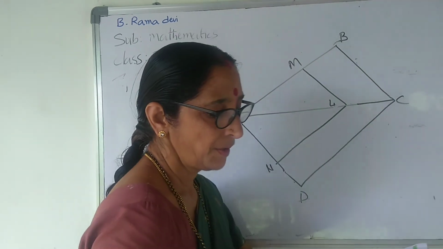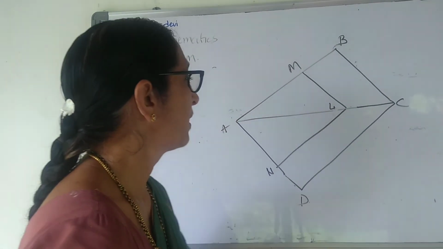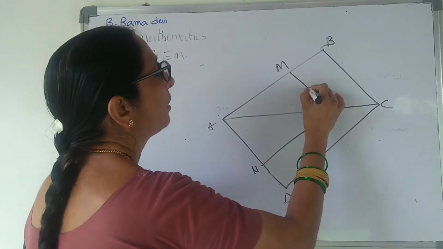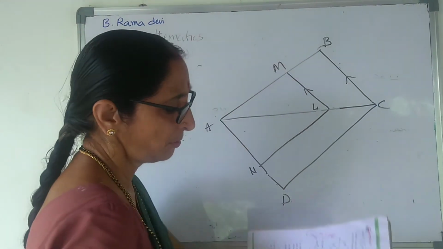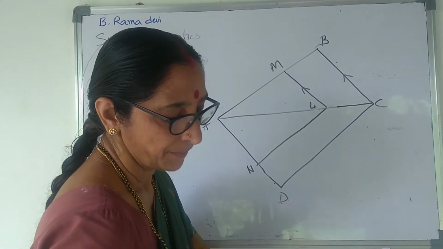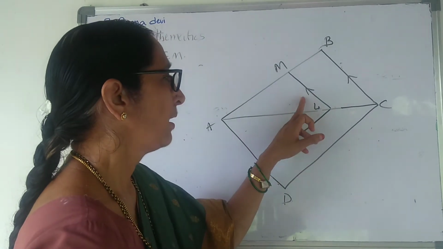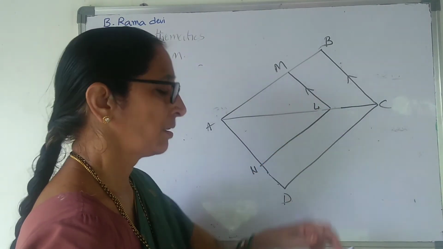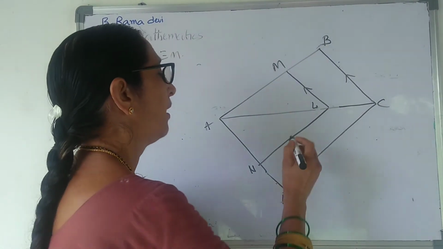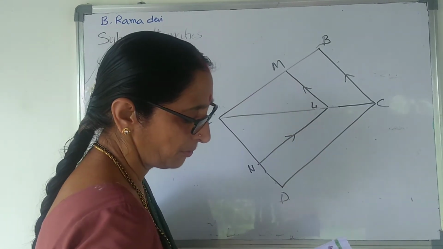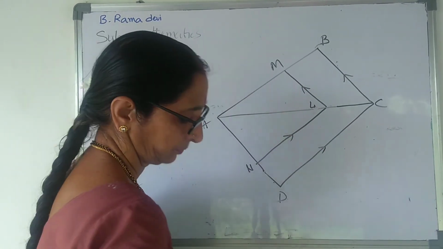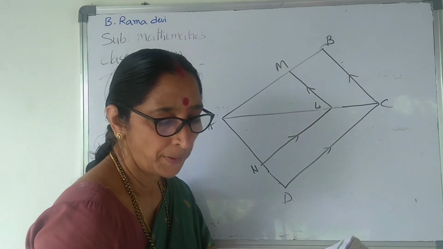The data is LM is parallel to BC or CB. LM is parallel to CB and LM is parallel to CD. There are 2 parallel lines.